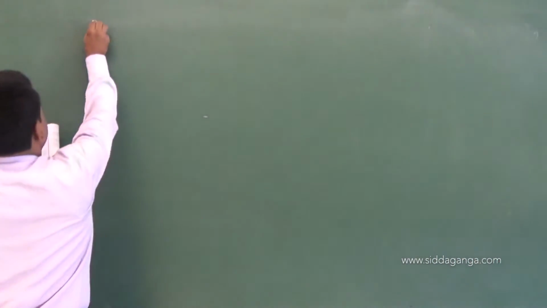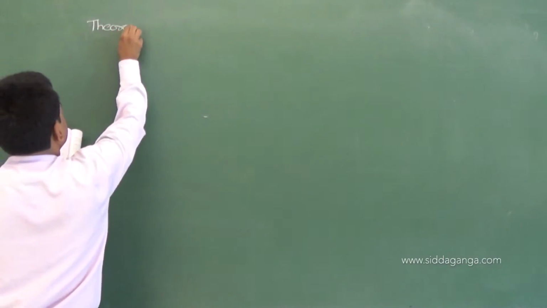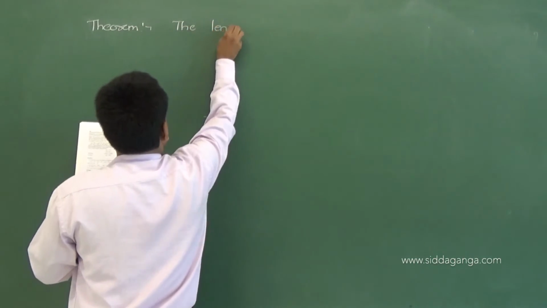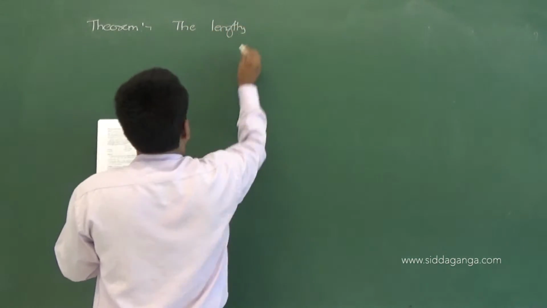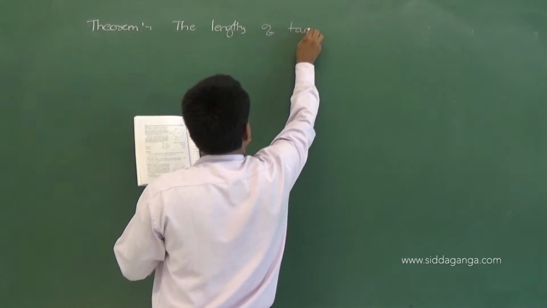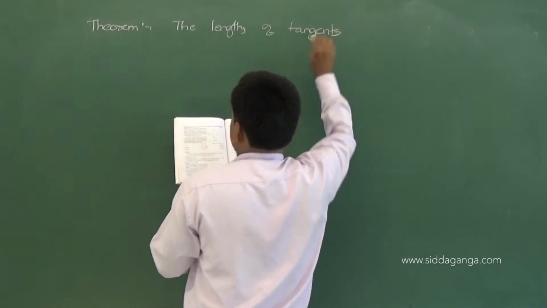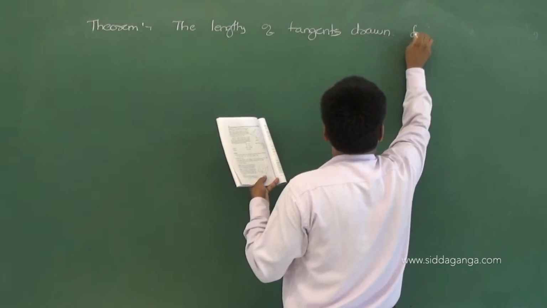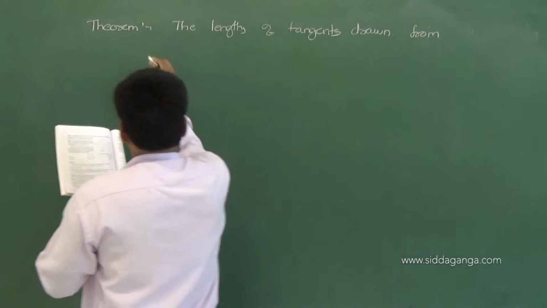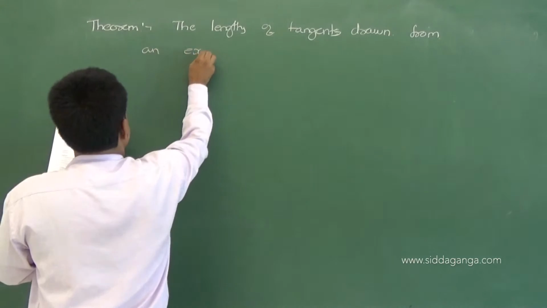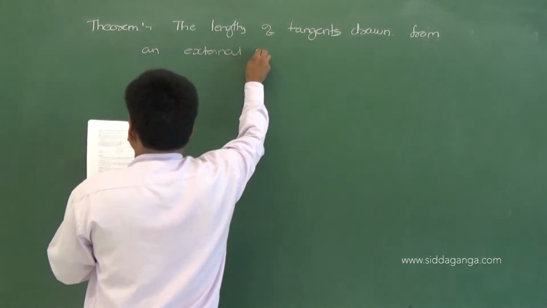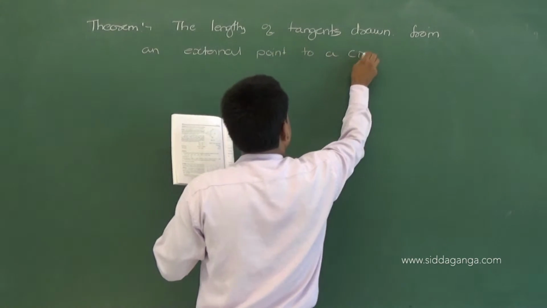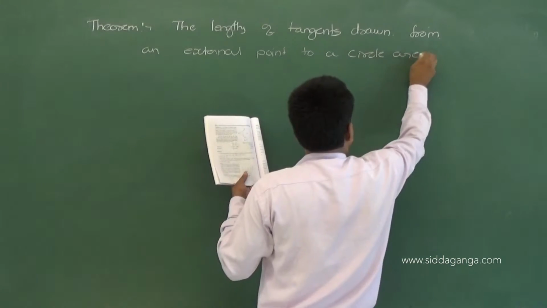Statement. Next theorem. The lengths of tangents drawn from an external point to a circle are equal.